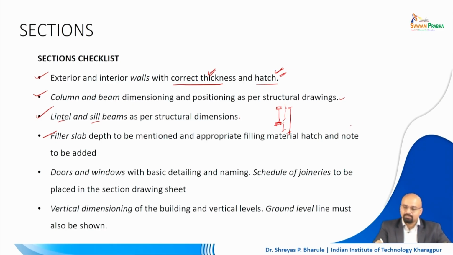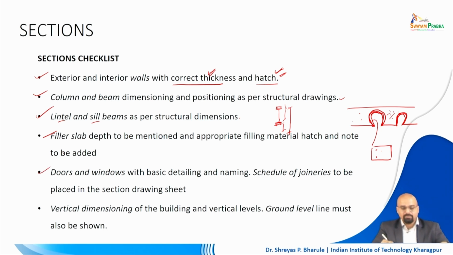The slab would look somewhat like this, right, and then there will be concrete here, and maybe a lining of terracotta all along this, right. Similarly here as well, right. So, if that is the case, this has to have a note that this filler is terracotta pot. Somewhat like that you need to mention, okay.